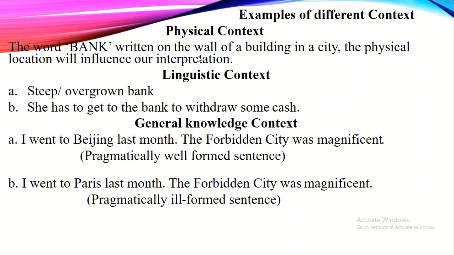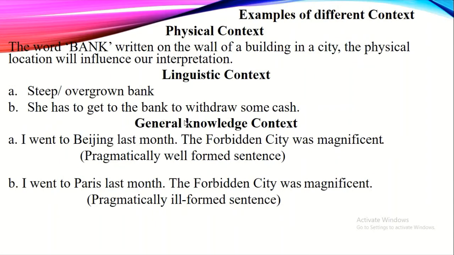However, linguistic context is the combination of co-text, and "steep or overgrown bank" shows that it's different from the bank that is financial in its function. "She has to get to the bank to withdraw some cash" shows the financial nature of this bank.